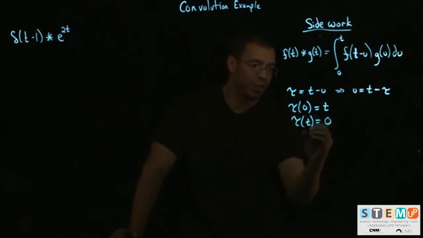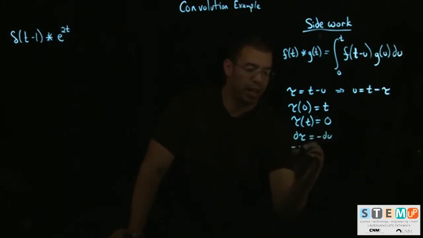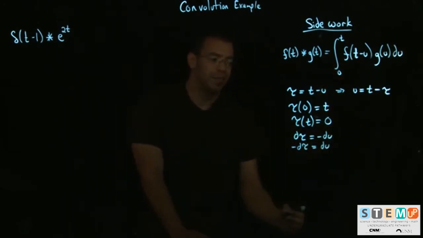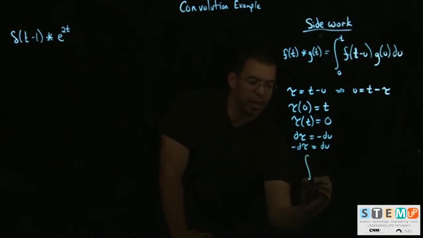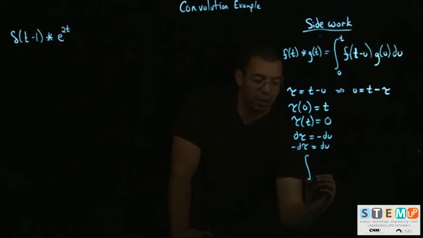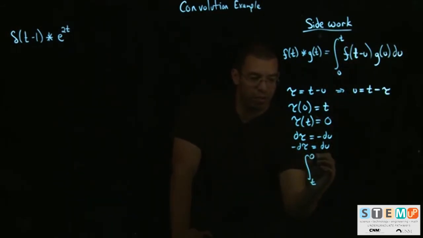And now, I think that's almost it, right? We have to take the derivative here, so d tau is going to be negative du, so negative d tau is equal to du, right? So let's plug all that in. So my integral is now going from t to 0.